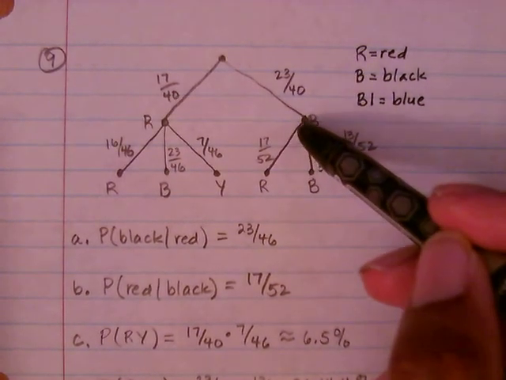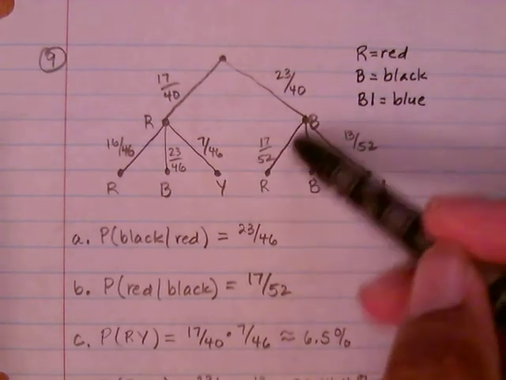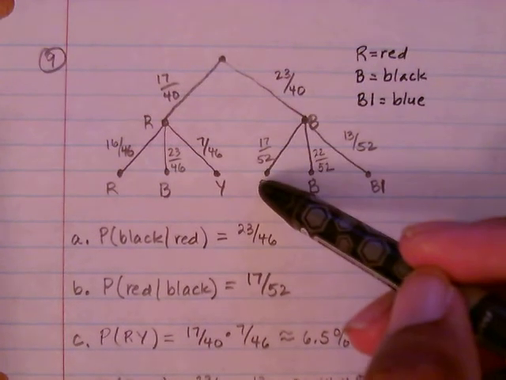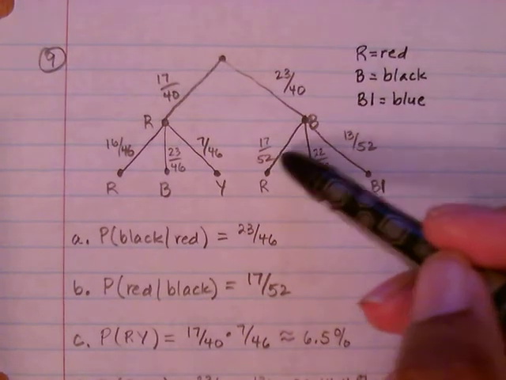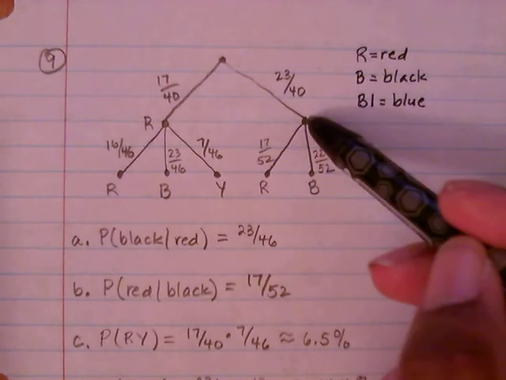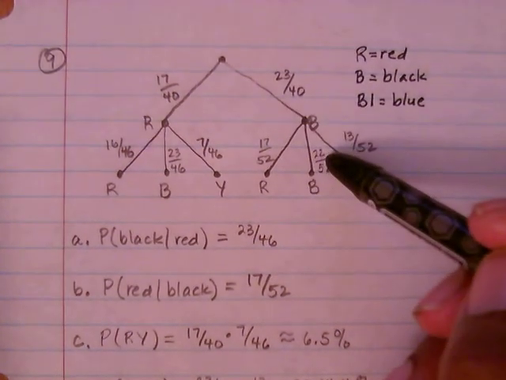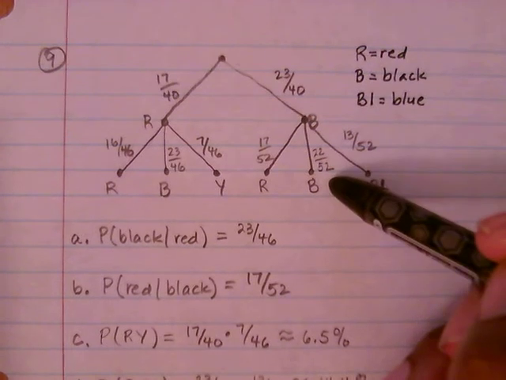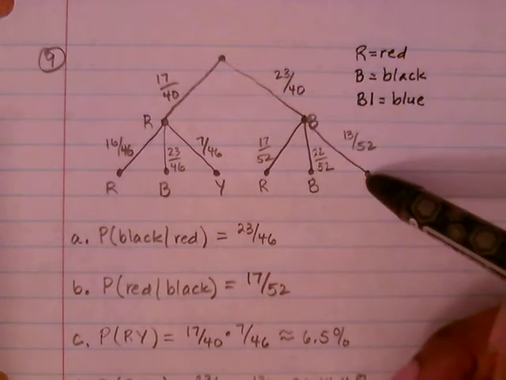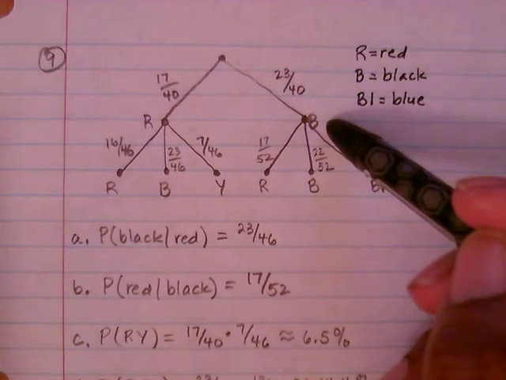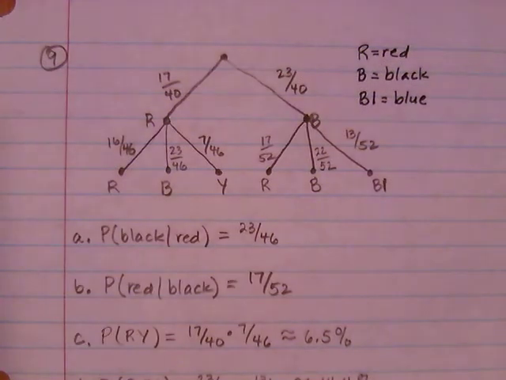So for the probability of a red marble, you'll have 17 red marbles in that jar, so it'll be 17 out of 52 for selecting a red. For selecting a black marble, you've already selected the first one being black, so now instead of 23, you're going to be down to 22 black marbles out of 52. And of course, for a blue marble drawn on the second, given that the black one was drawn, would be 13 out of 52. So that's how you create that tree diagram.